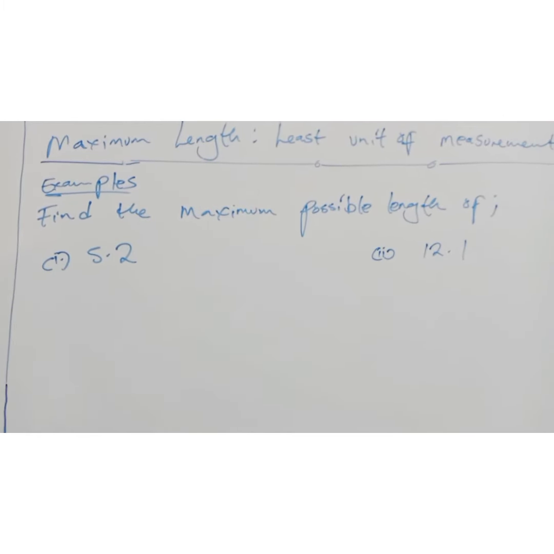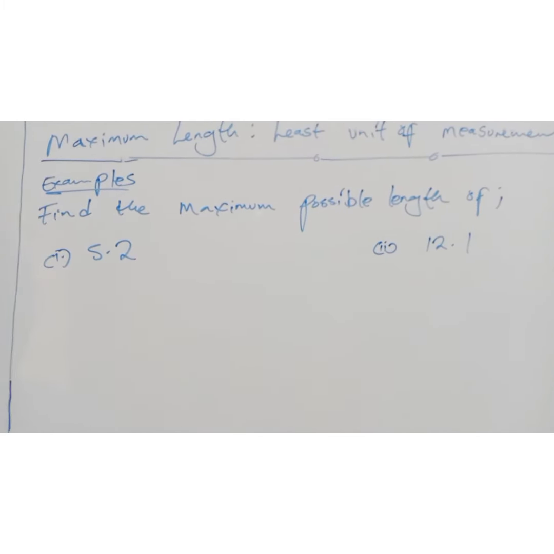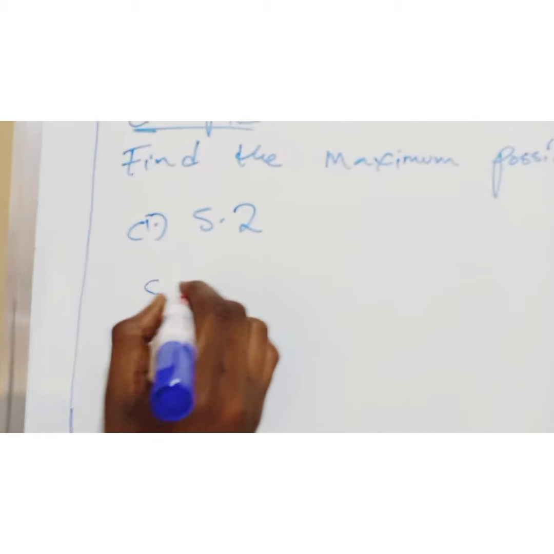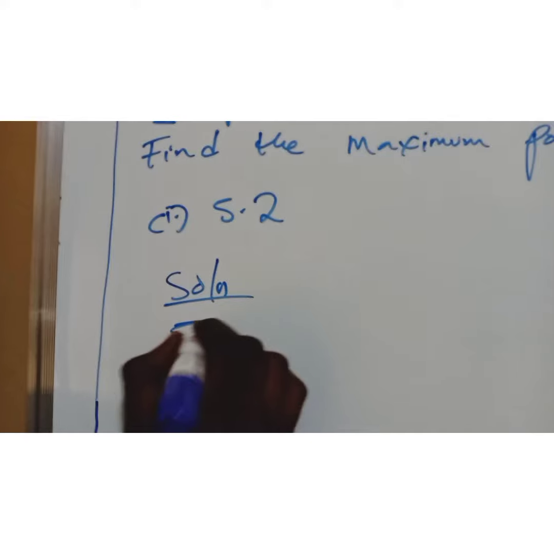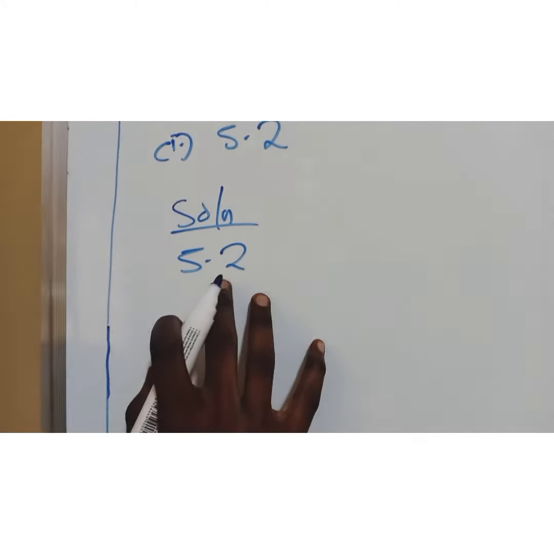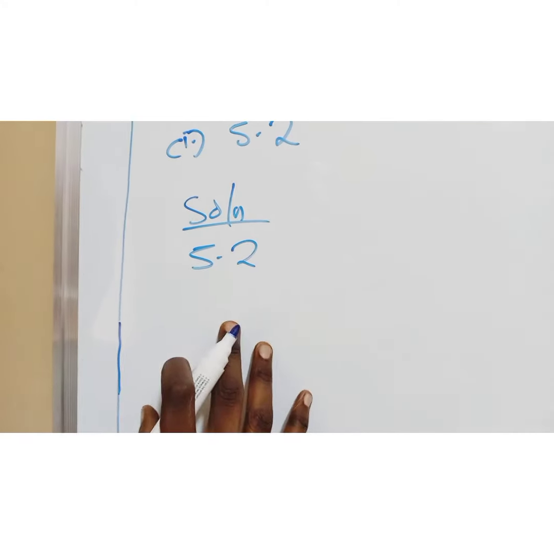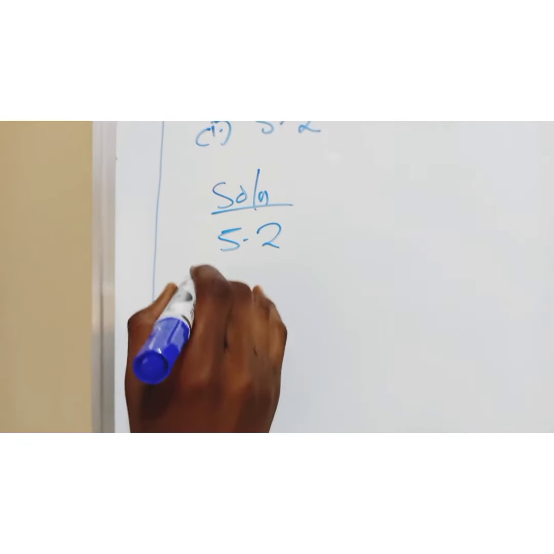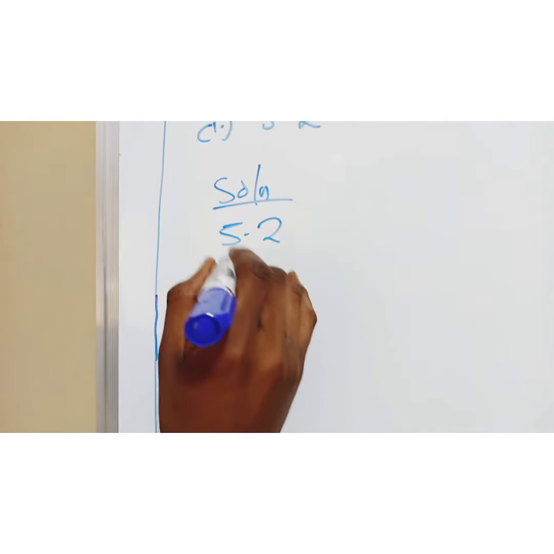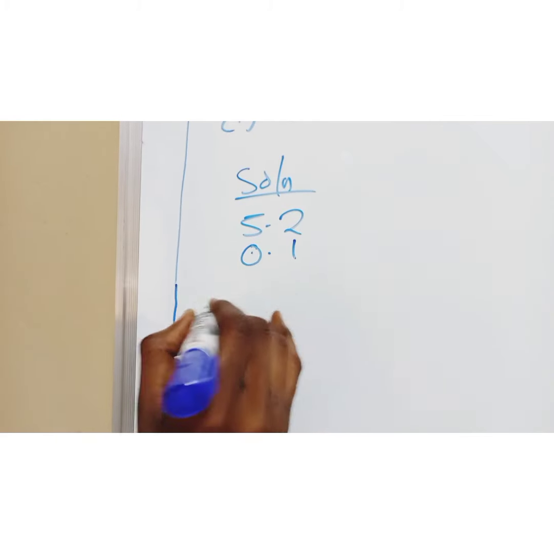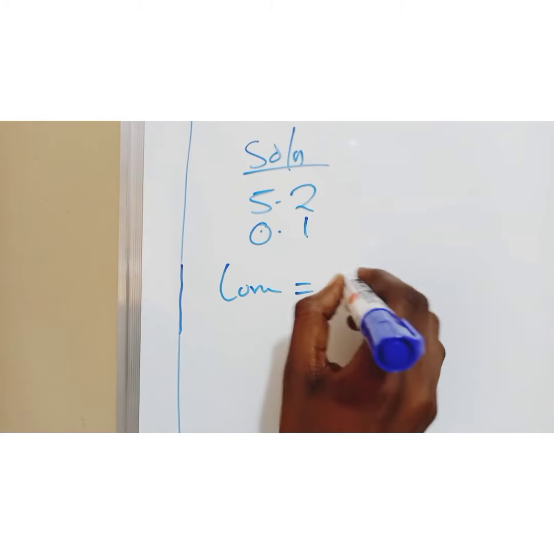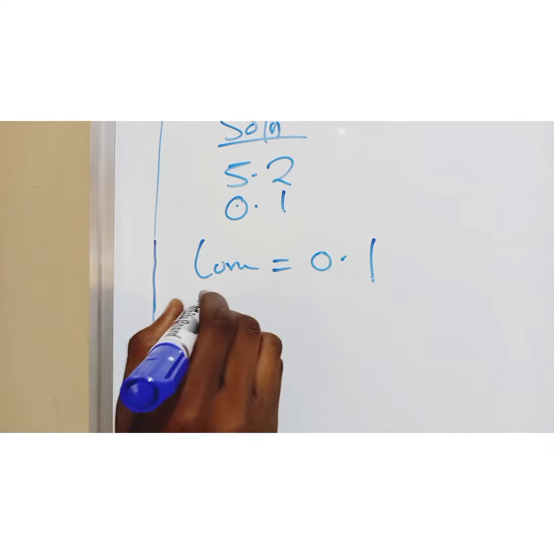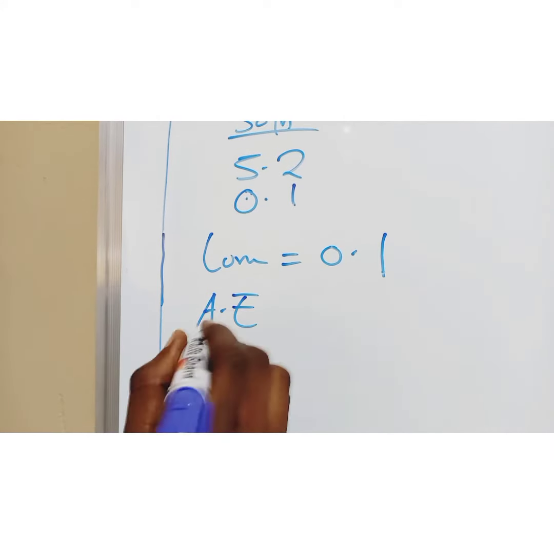So find the maximum possible length of the following. We have a solution here, 5.2. We want to find the maximum possible length of 5.2. We said we always find our LUM first. I've taught you LUM, this will be a 0, and end with a 1. So our LUM is 0.1. After you find your LUM, the next step is to find your absolute error, AE.